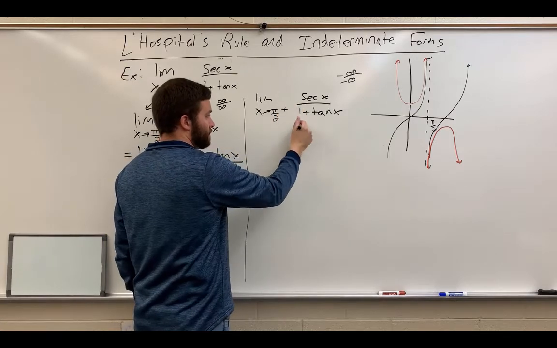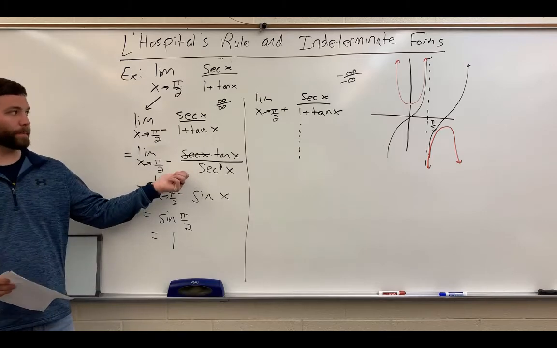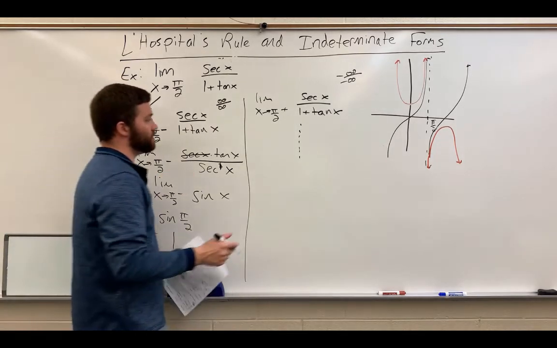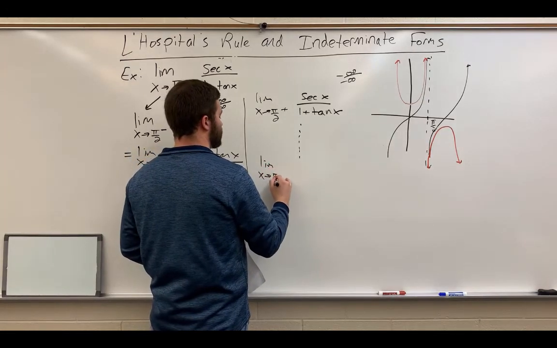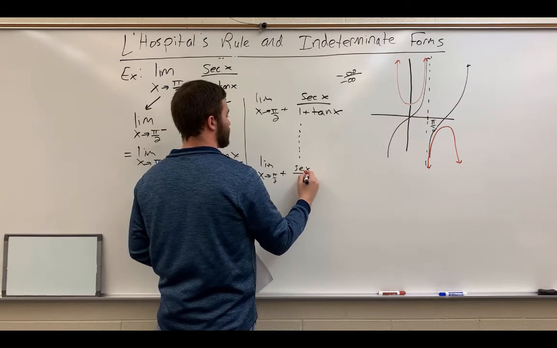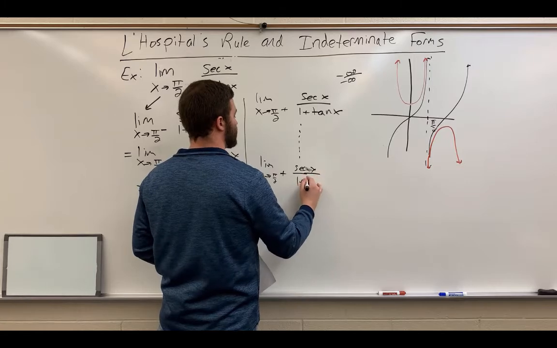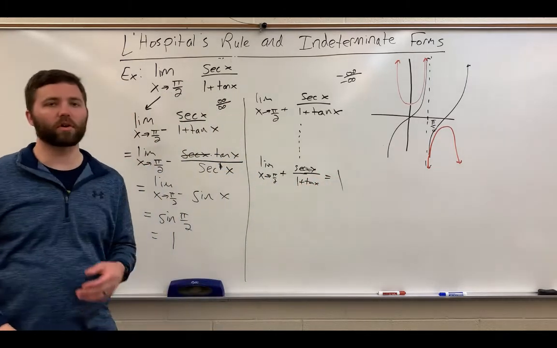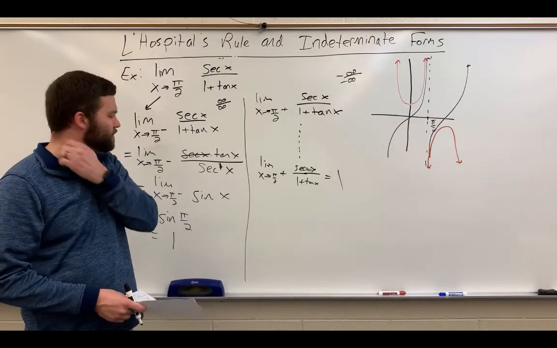I'll take the derivative, and it will simplify in the same way as the limit from the left, and you'll end up with 1. So you can say that the limit overall is equal to 1. So there's an example of infinity over infinity.